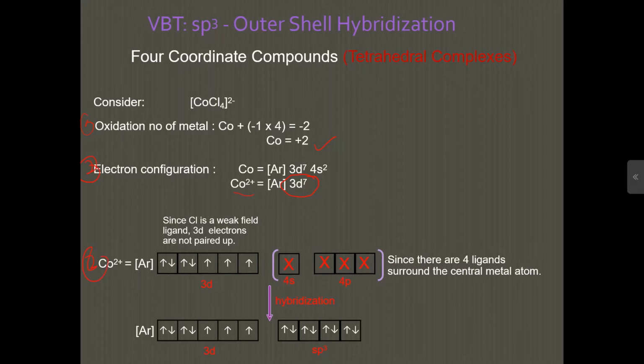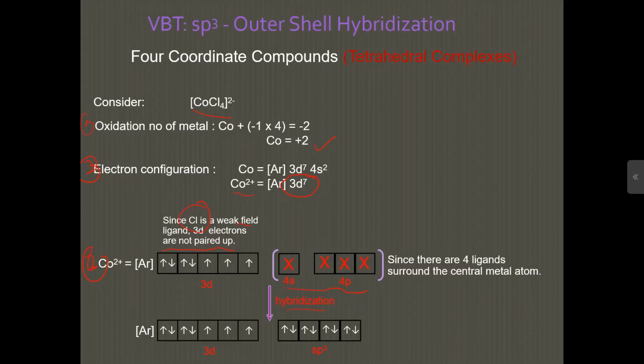and then the third step. In this step, you need to look at what type of ligand is used in this complex. As you can see here, since the ligand is chloride, which is a weak ligand, the electrons in the 3d orbitals do not pair up. This is the original arrangement of the electrons, and since you need 4 empty orbitals for a 4-coordinate compound, you use the 4s and 4p empty orbitals: 1, 2, 3, 4, you hybridize.